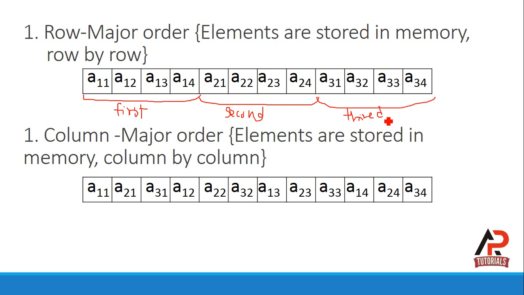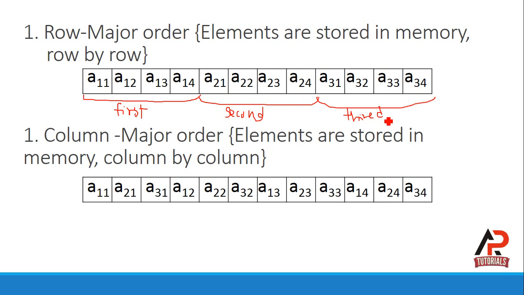I just explained here how the elements of a two-dimensional array are stored in memory. The first is, if you take row major order, it is row by row: first row, second row, and third row.